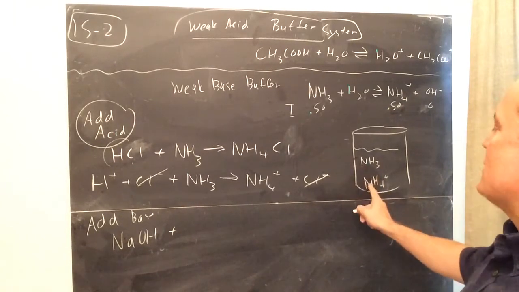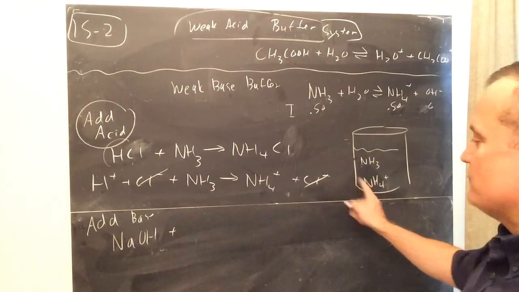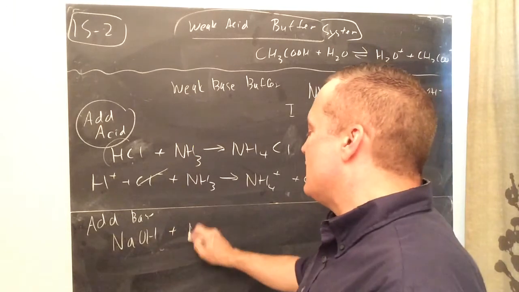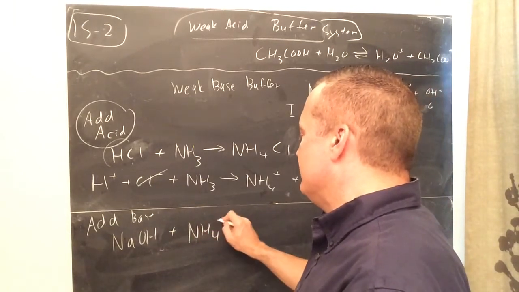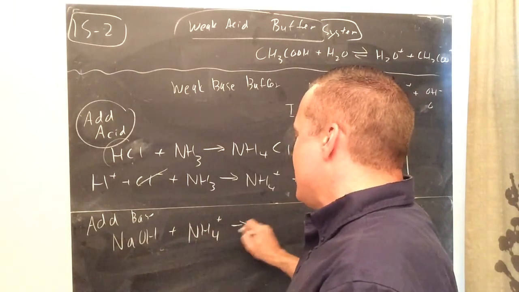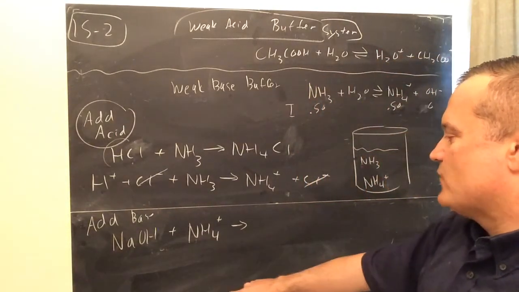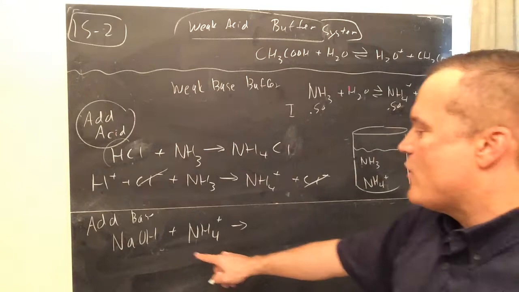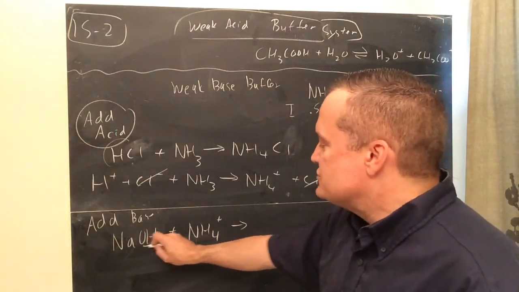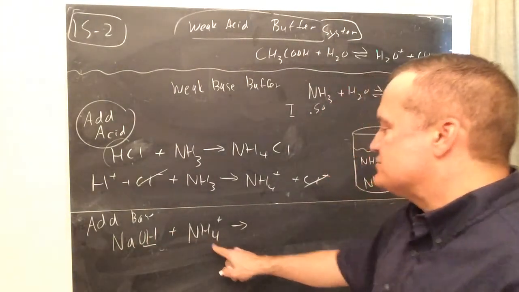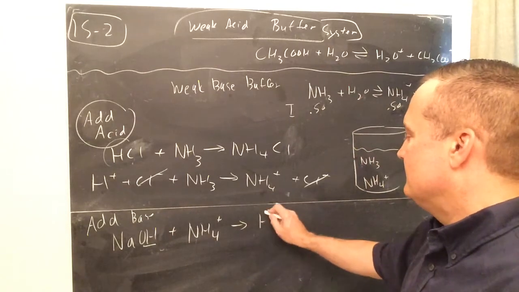NH3 is your base, NH4 plus is your conjugate acid. So the conjugate will react with it. The acid is the conjugate in the weak base buffer system. So NaOH is going to react with NH4 plus, and kind of like I showed you before, the OH negative is going to react with an H plus to make water.